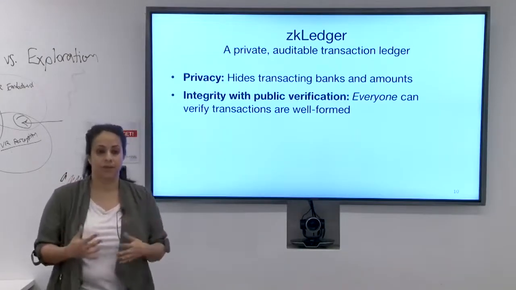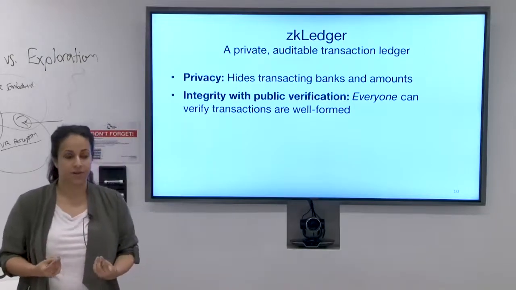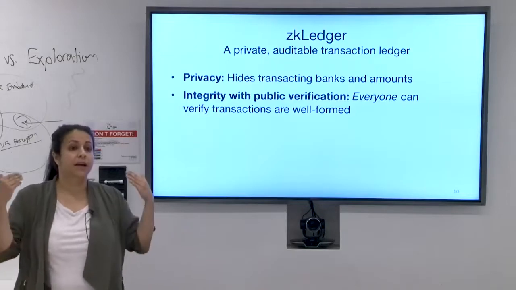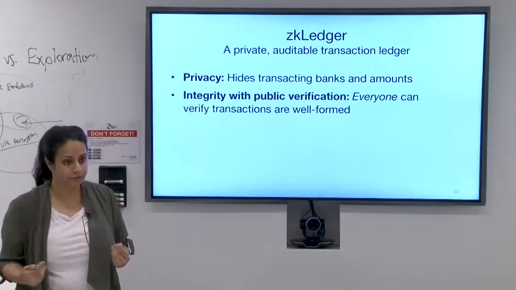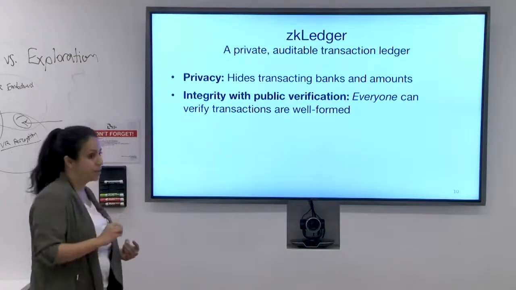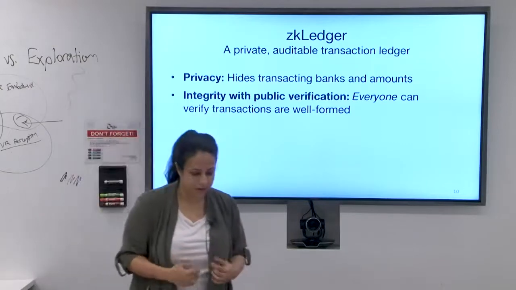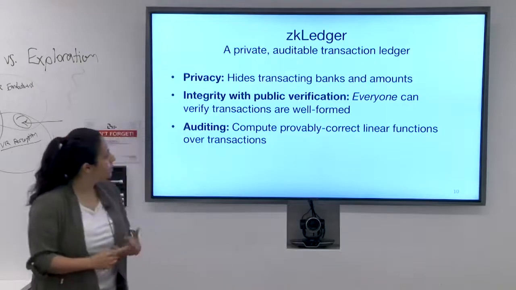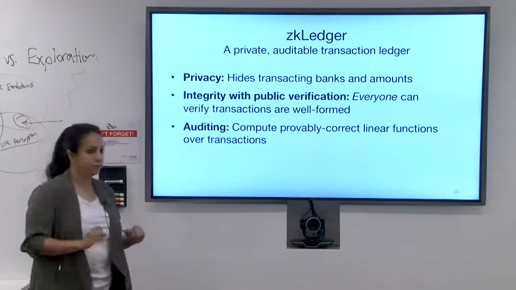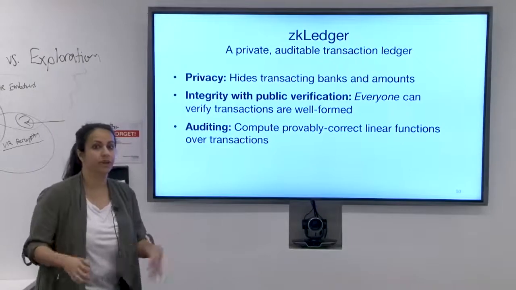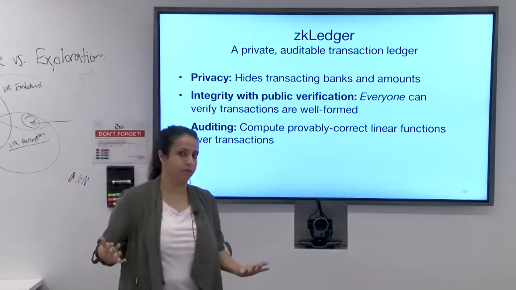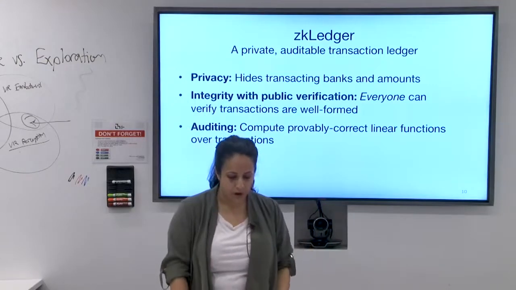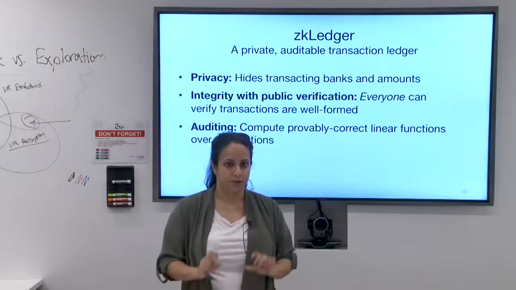So despite the fact that you can't see the details of the transaction, anyone you want to show this to, not just the participants, can publicly verify and convince themselves that transactions are well formed and financial invariants are maintained. And an auditor can interactively compute provably correct linear functions over the transactions, so things like trying to understand market concentration or leverage or exposure. They can compute a set of queries over the contents of the transactions in the ledger.